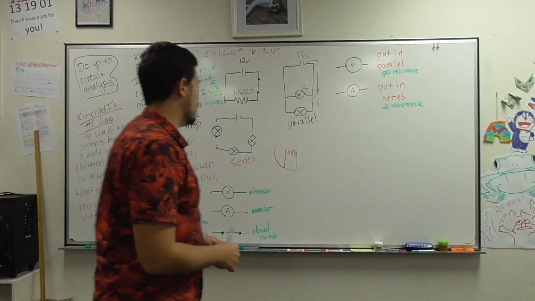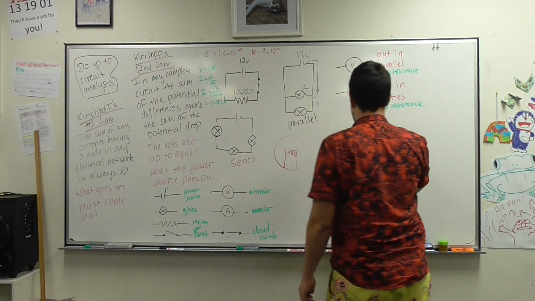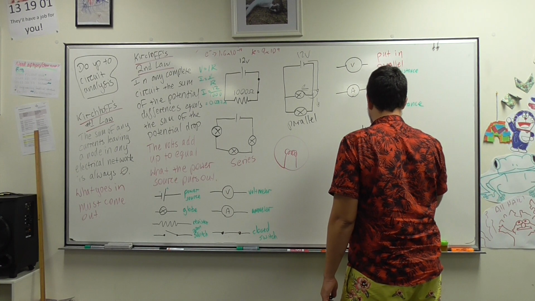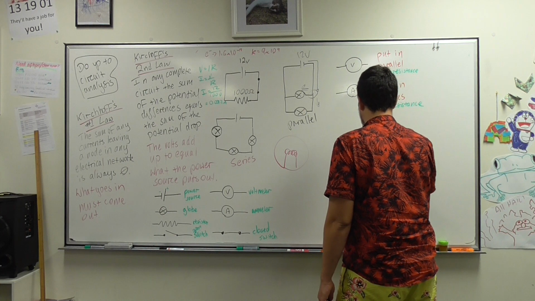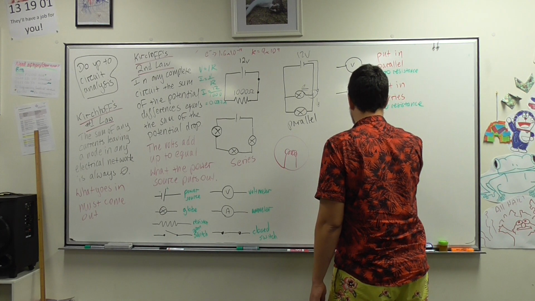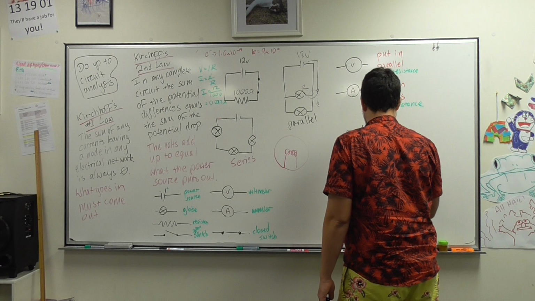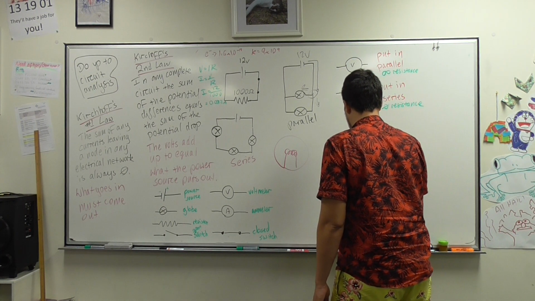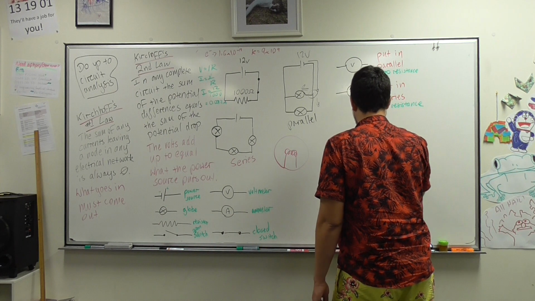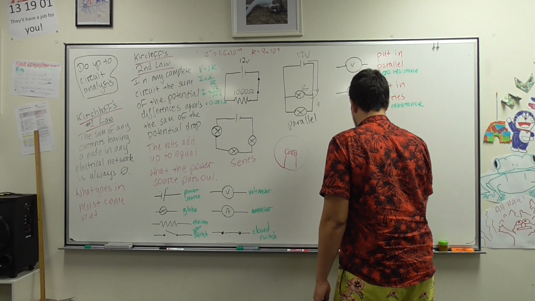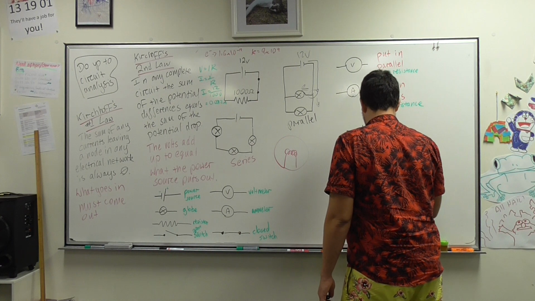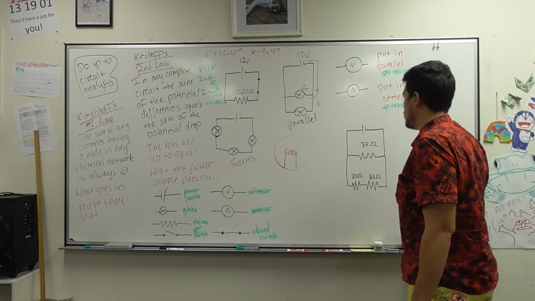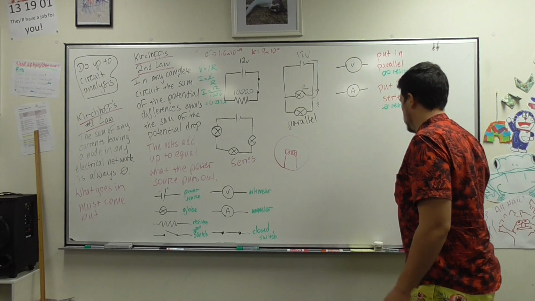So why don't we go ahead and analyse the circuit? Let's do this one. We'll call this 30 ohms, 20 ohms and 50 ohms. In fact, no, we're probably a bit too far at the moment.